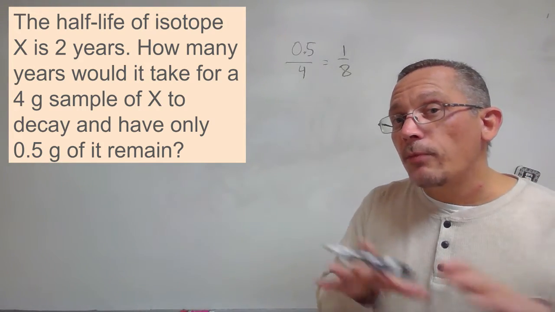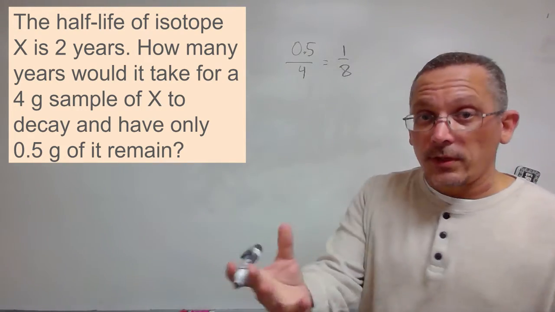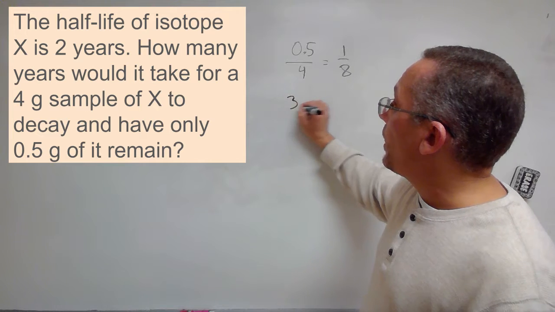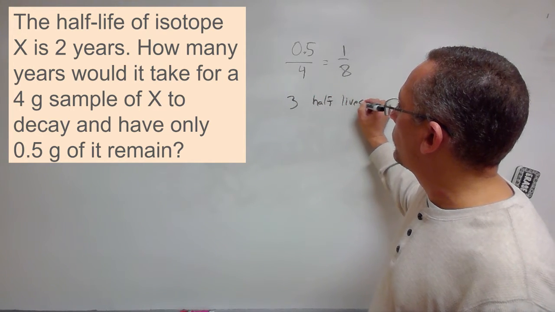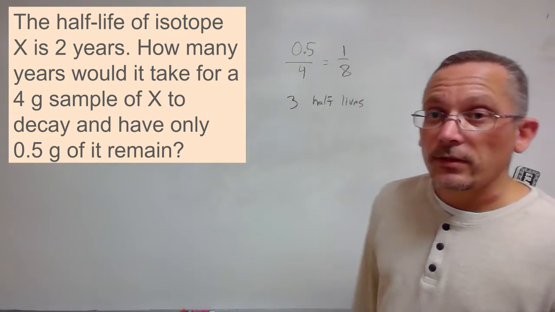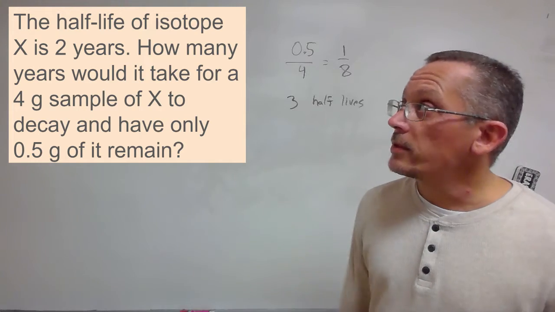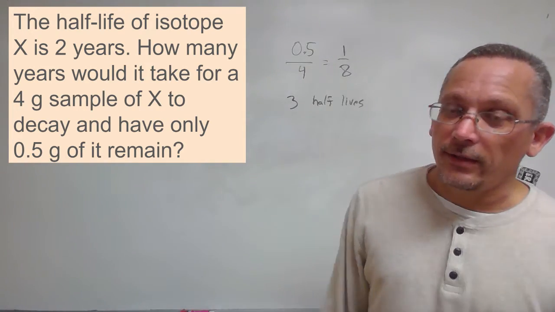And then ask yourself, how many half-lives does that correspond to? So 1/8, like we talked about a minute ago, is 3 half-lives. Right? And then, if 3 half-lives have gone by, and the problem says that a half-life is 2 years, how many years have gone by, right?